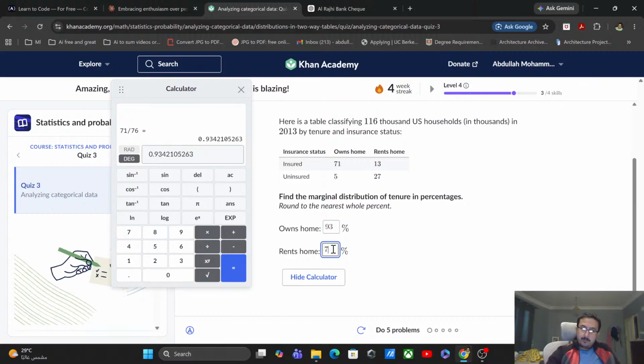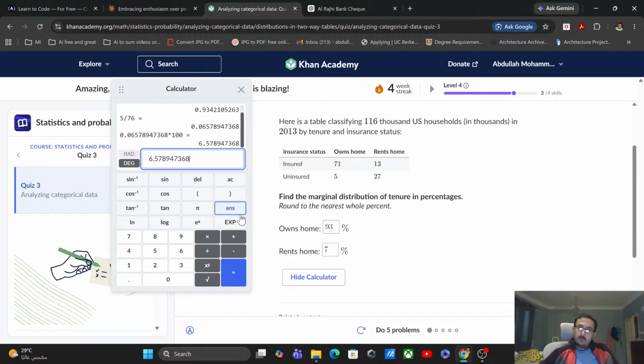The rest is here, 7%. 5 over 76 is 6.5, which means 7. This is 7, this is 93.